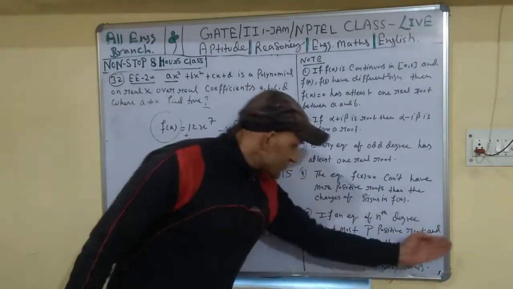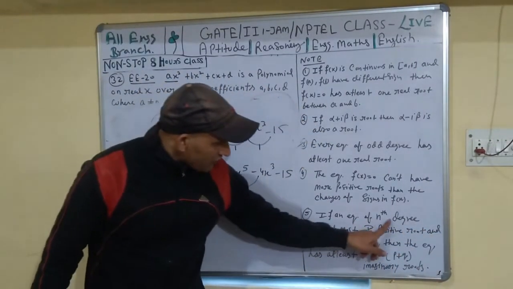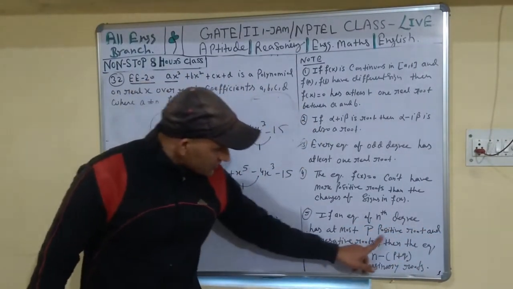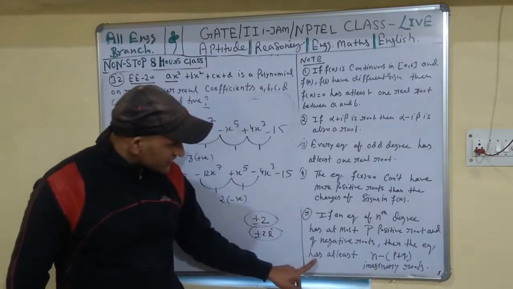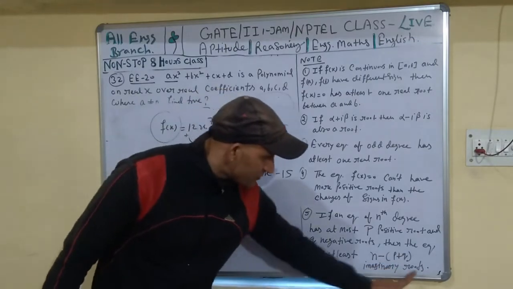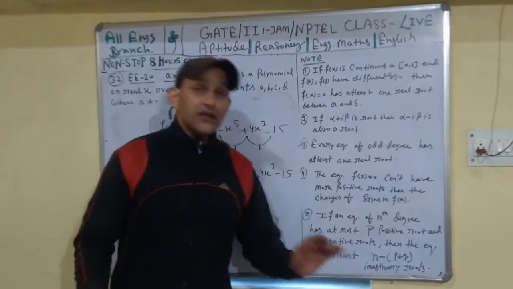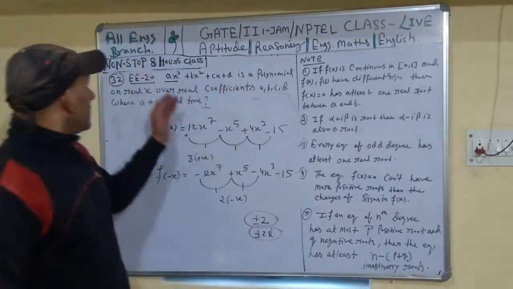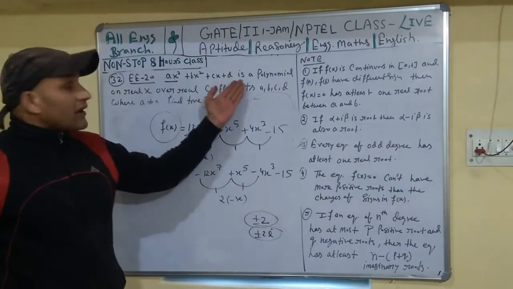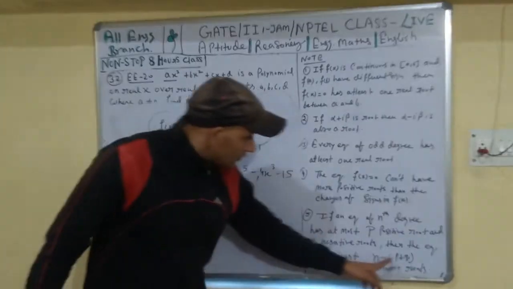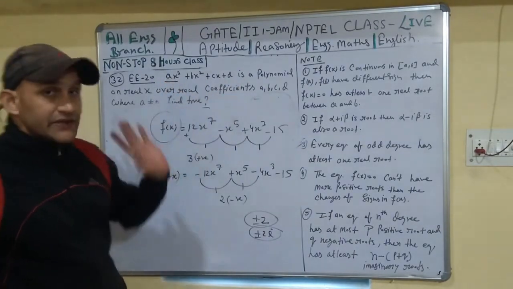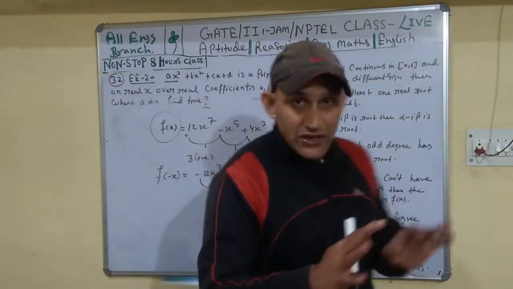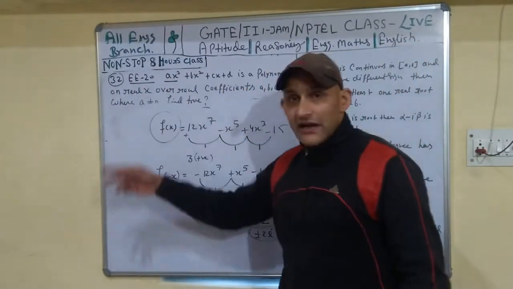Now, at last we have written: if an equation of degree n has at most p positive roots and q negative roots, then the equation has at least n minus p plus q imaginary roots. How many imaginary roots lie for such type of polynomial? So, in this equation, we don't know about the coefficients a, b, c, d because they have not been given to us. Maybe these are negative, positive, I don't know.